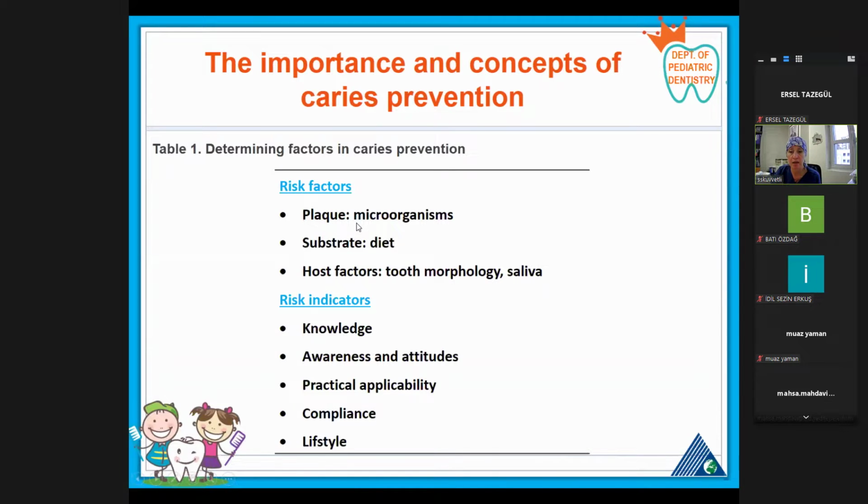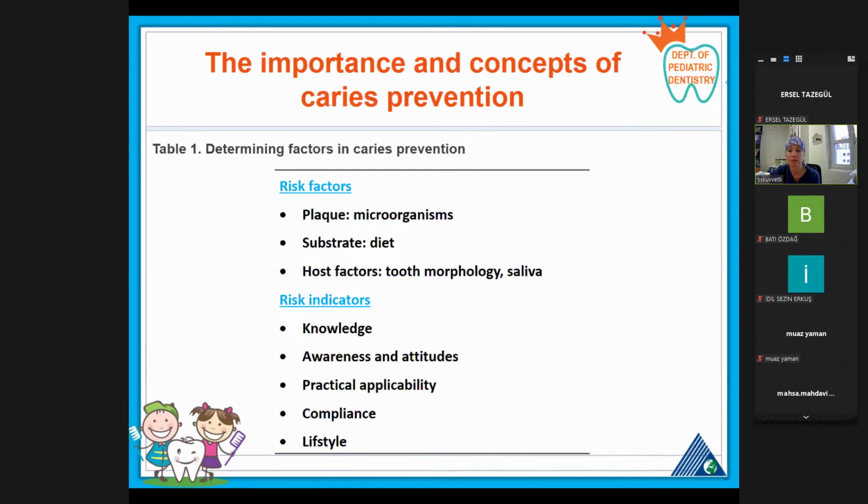The plaque, the so-called dental biofilm, and the cariogenic microorganisms in the plaque. Another risk factor is the substrate, the diet of the individual, and mainly the fermentable carbohydrates. And we will talk about these in the upcoming courses, especially the microorganisms and diet. And of course, the host.